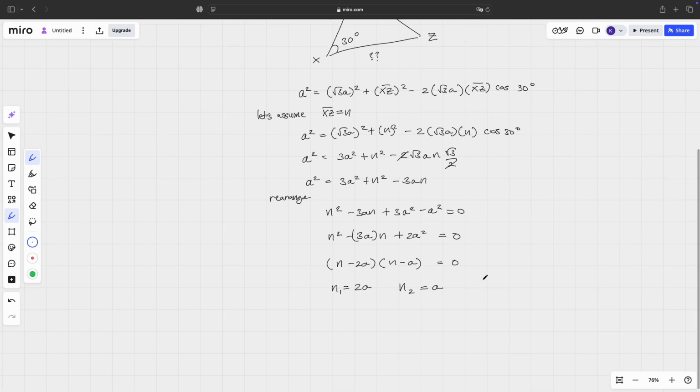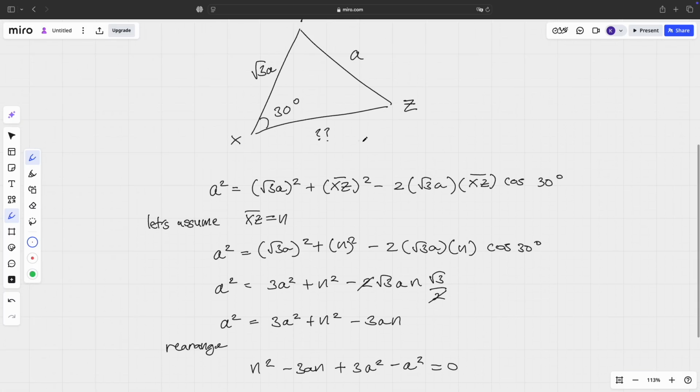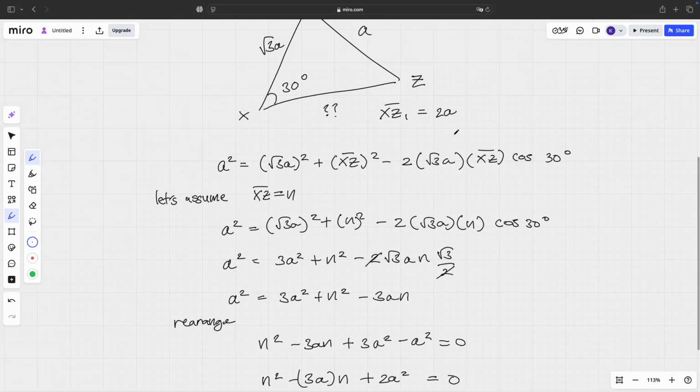So we have two answers for xz. Our first solution for xz is 2a, and our second solution for xz is a.